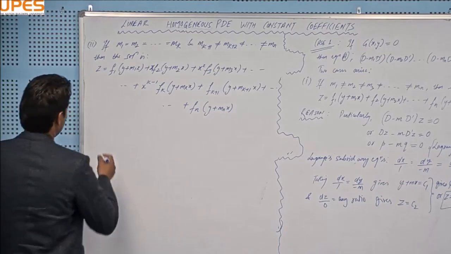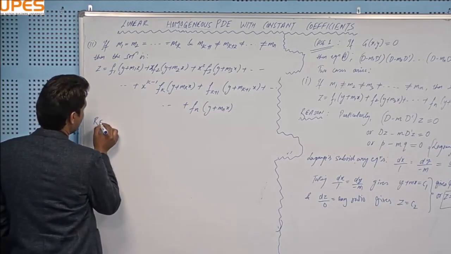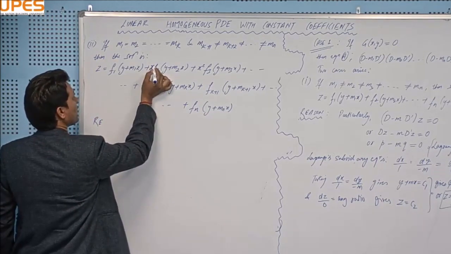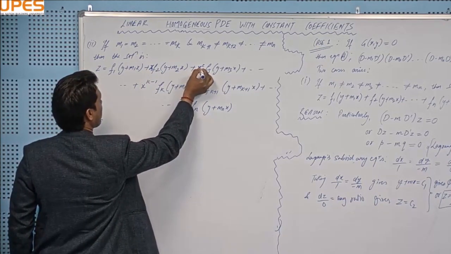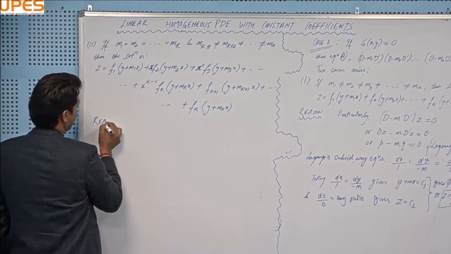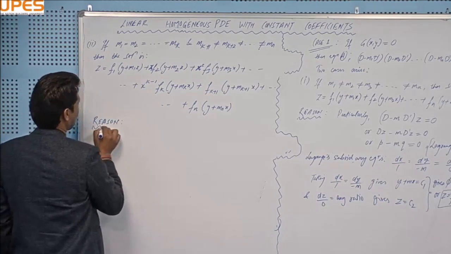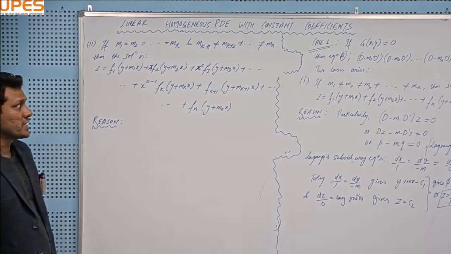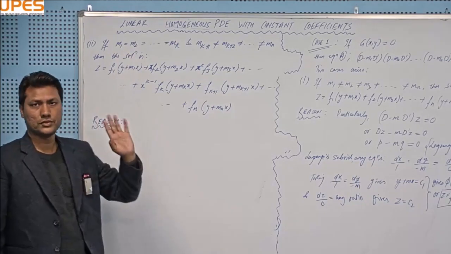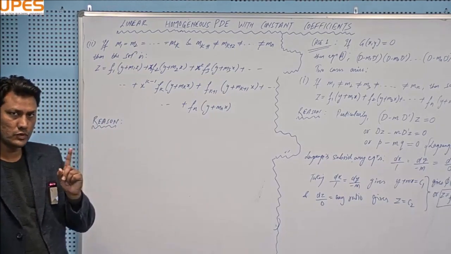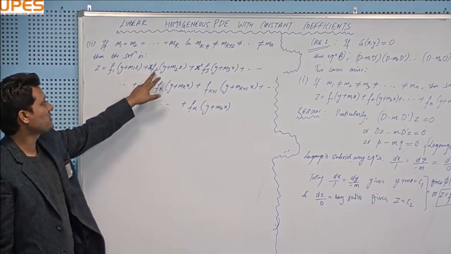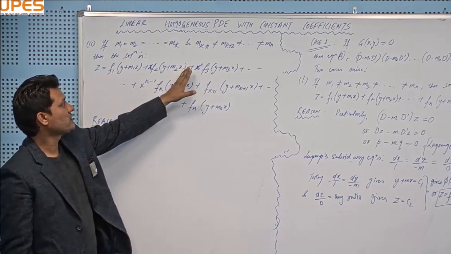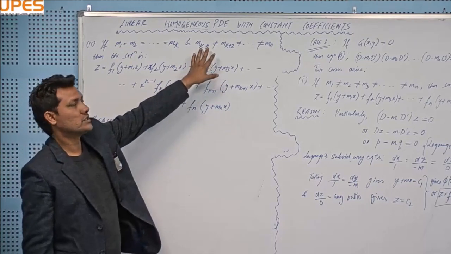So that is the solution in case number 2, when some of the roots are equal. Let me write the reason why we have put x and then x squared. In particular, if only two roots are equal, the solution will be of the form f1(y plus m1x) plus x times f2(y plus m2x), and after that the solution will be written for the distinct roots.